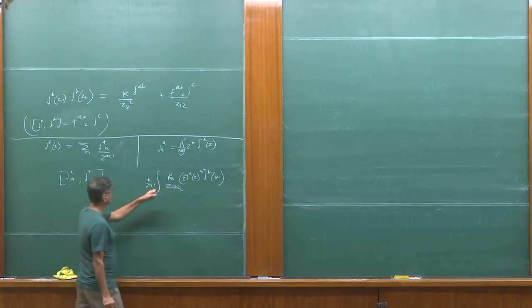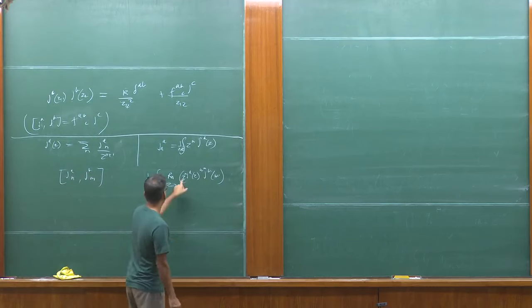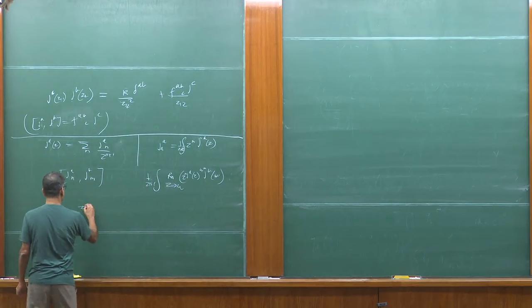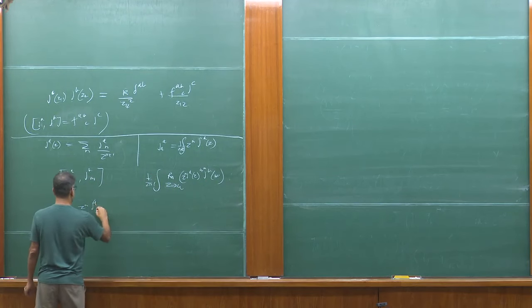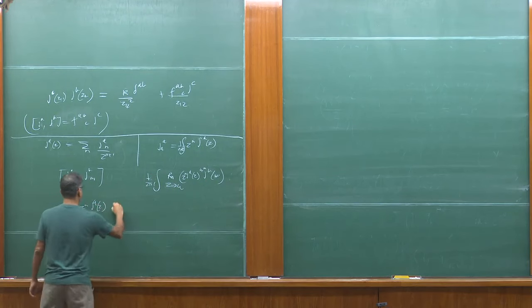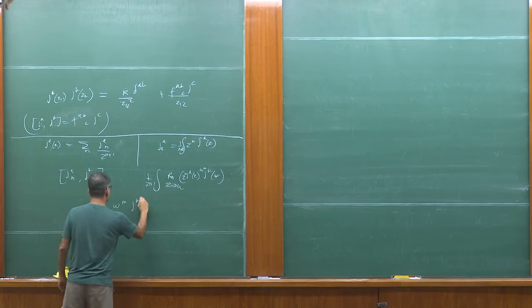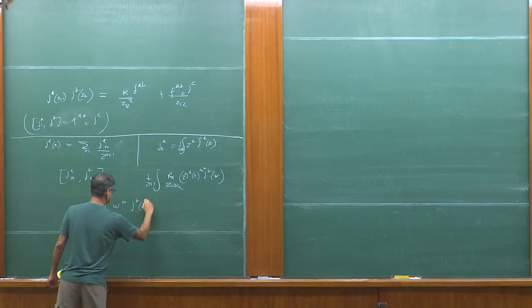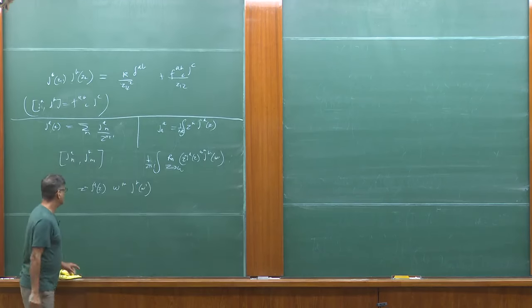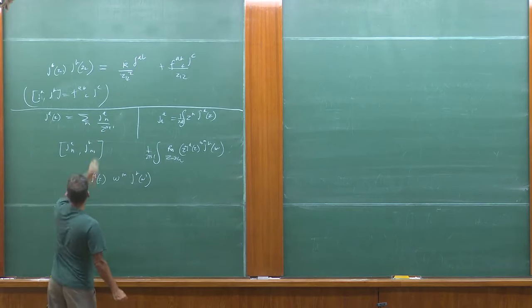So what we have to do is compute this residue when we have Z^n J^A(Z) W^m J^B(W). We use the OPE that's up there.